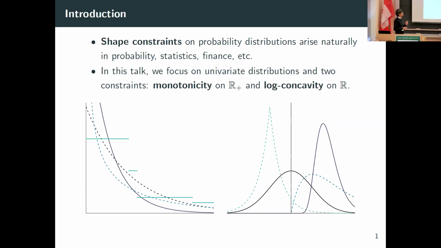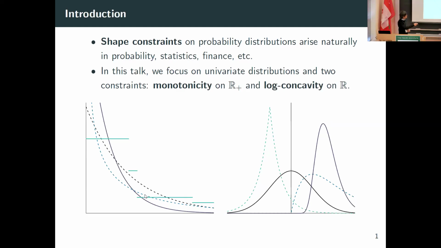By monotonicity here, I mean that there's a density which is non-increasing on R plus. Here are a few of them. Exponential distributions are one example. And the density does not have to be very regular. I have here an example where the density is actually piecewise constant and decreasing.